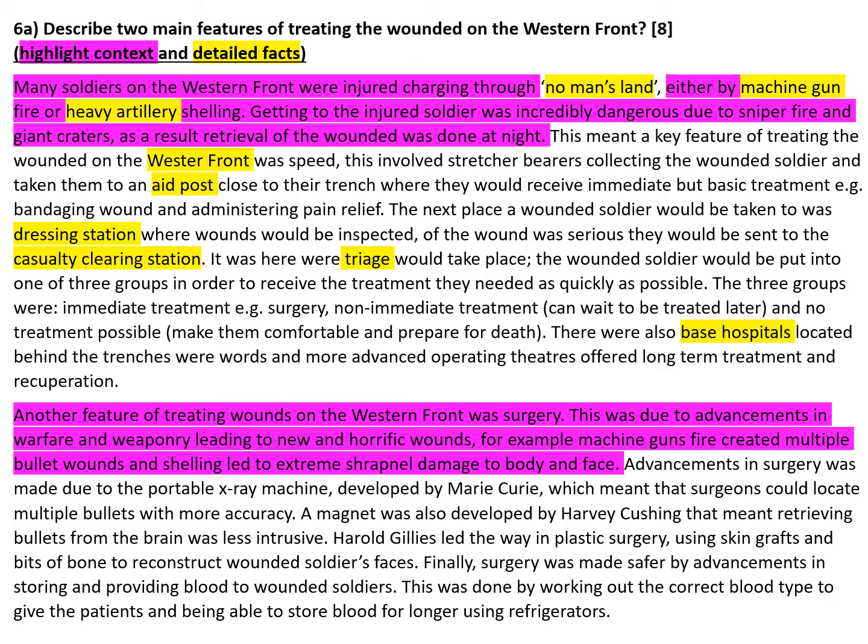The next place a wounded soldier would be taken to was a dressing station, where wounds would be inspected. If the wound was serious, they would be sent to the casualty clearing station. It was here where triage would take place. The wounded soldier would be put into one of three groups in order to receive the treatment they needed as quickly as possible. The three groups were immediate treatment, for example, surgery, non-immediate treatment, something that can be waited to be treated later, and no treatment possible, e.g.